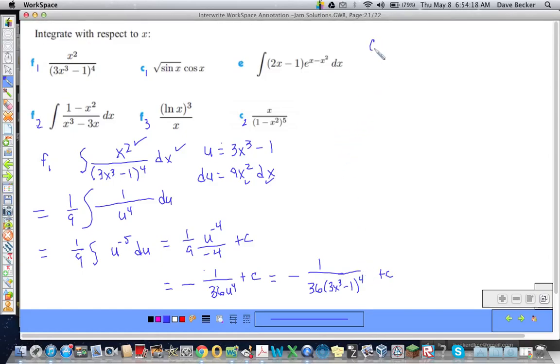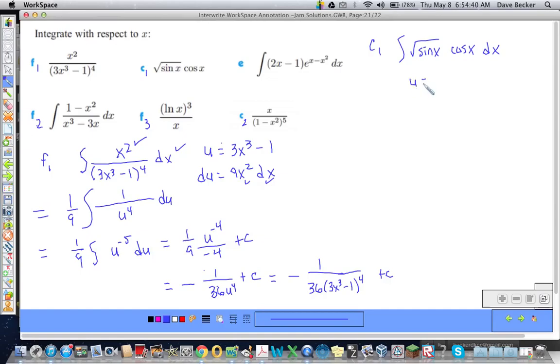I'll move that up here. C1: the integral of root sine x cosine x dx. I have to let u either equal sine x or cosine x. That's clear. And I'm going to do sine x because the derivative is cosine x.